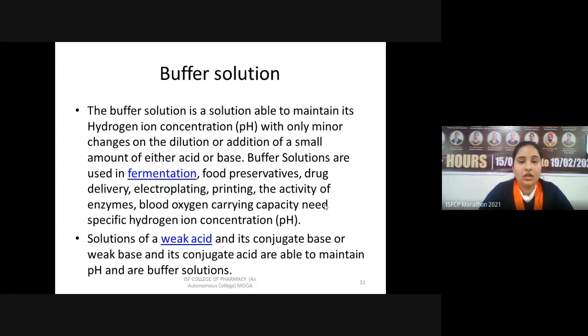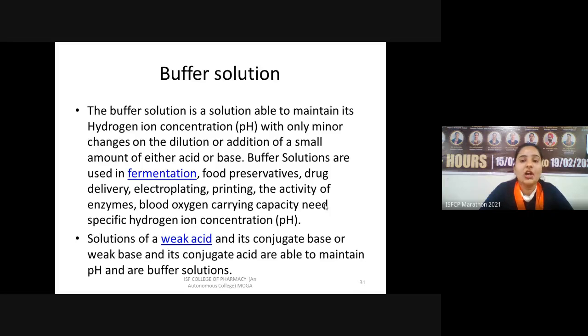A buffer solution is able to maintain its hydrogen ion concentration, that is, its pH, with only minor changes on dilution or on addition of a small amount of either acid or base.